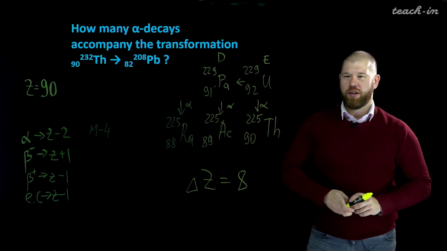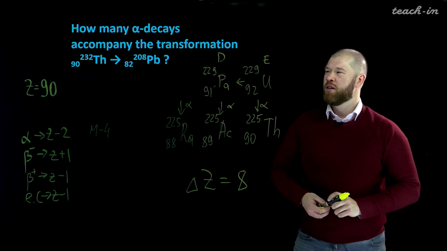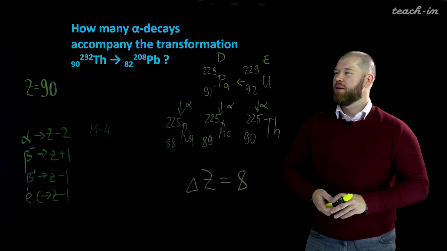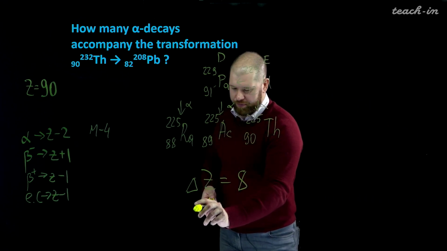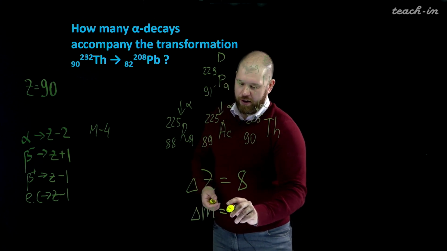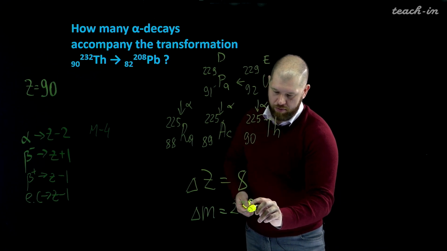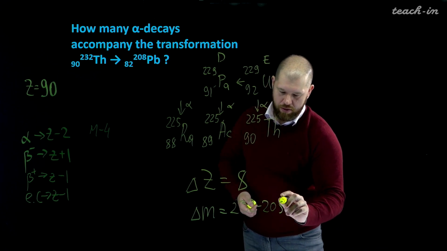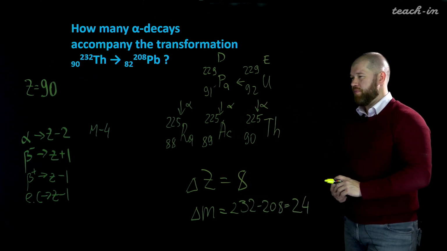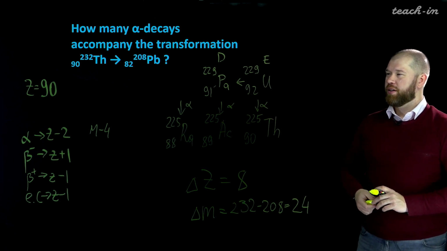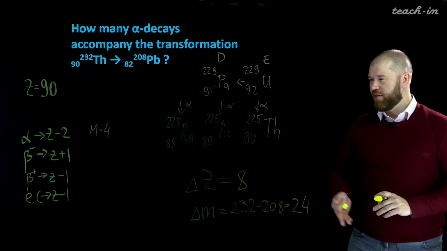Thus, the mass of the resulting radionuclide should be 232 minus 16, but we have 208. Thus, the difference in mass is 232 minus 208, which is equal to 24. And again, we know that the mass is changing only during the alpha decay.